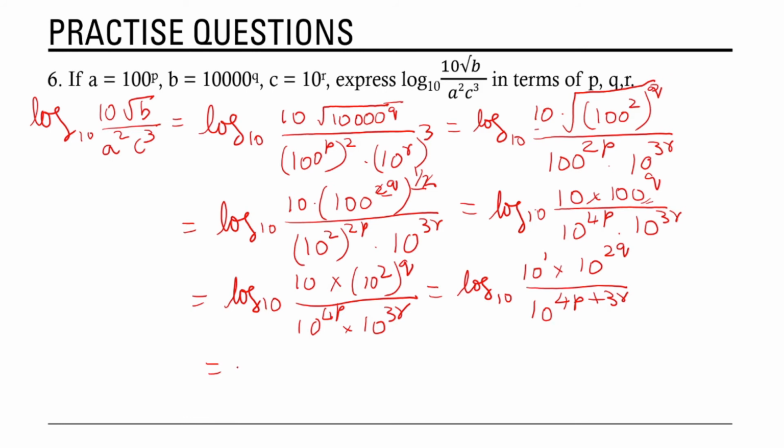So, this is equal to log of, the numerator we have 10 raised to 1 into 10 raised to 2q, so it is 10 raised to 1 plus 2q, divided by 10 raised to 4p plus 3r, the base 10.